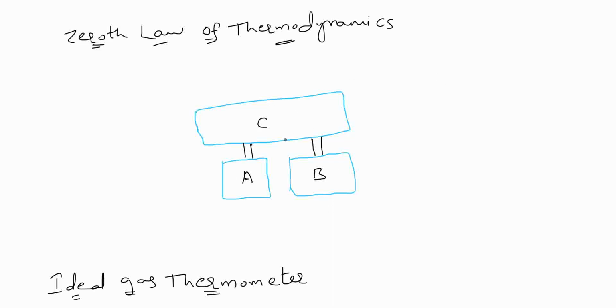These three systems A, B, C are in equilibrium. Now here A comma C are in equilibrium because they are connected or joined as shown here. So if they are in equilibrium, then we can write a function with state variables.